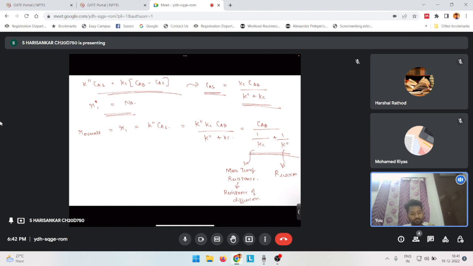Okay, so we can have three different cases. Case 1, where Kc is very much greater than K double dash. So that means resistance of diffusion is very much less than resistance of reaction.